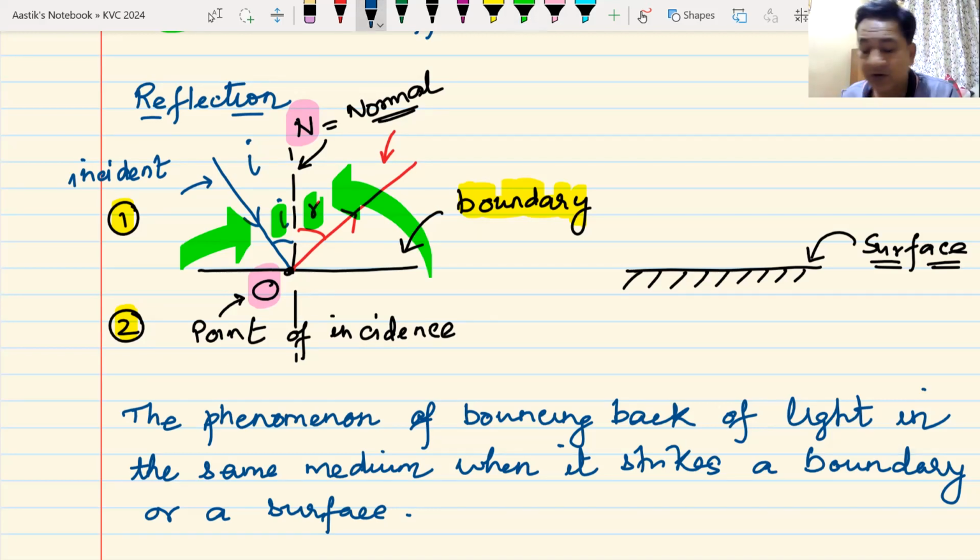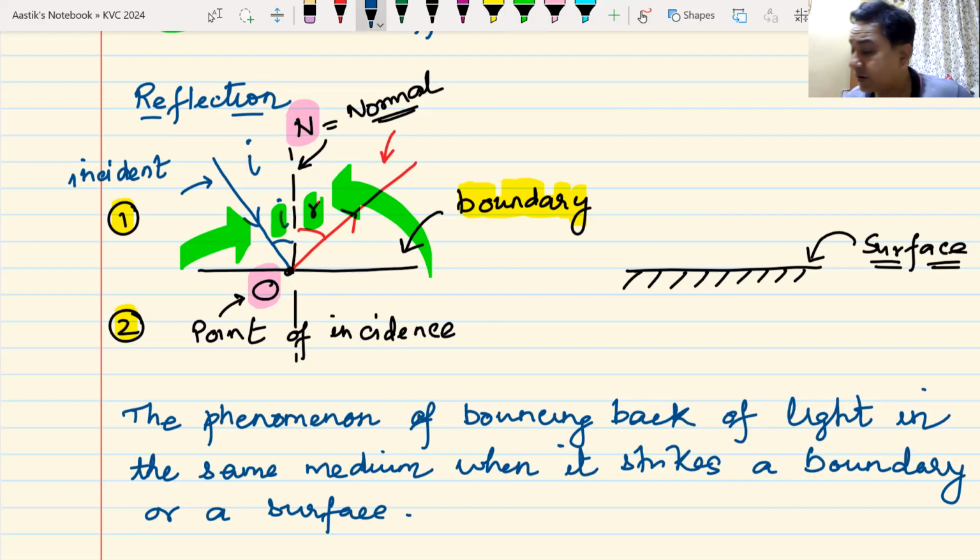They will frame a question where the incident ray makes an angle of 30 degrees with the surface. What will be the angle of incidence? In that case, 30 degrees is not the angle of incidence. 60 degrees will be the angle of incidence, because it is the angle that is made with the normal. And that is why you must remember all these definitions correctly. Do we remember these definitions correctly? Yes or no?